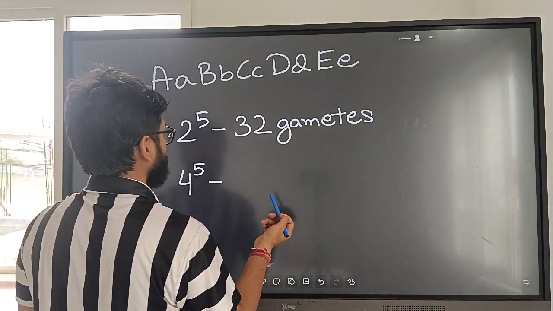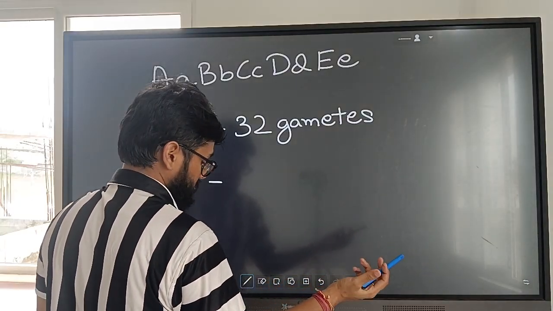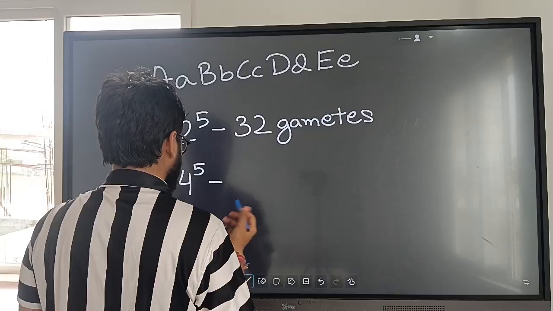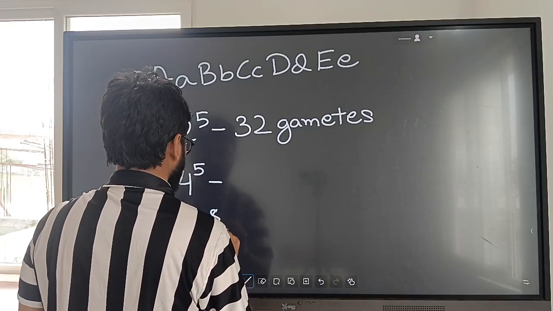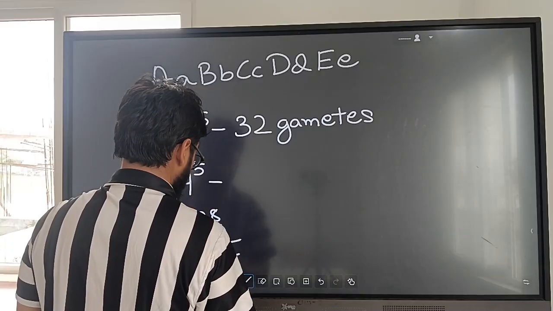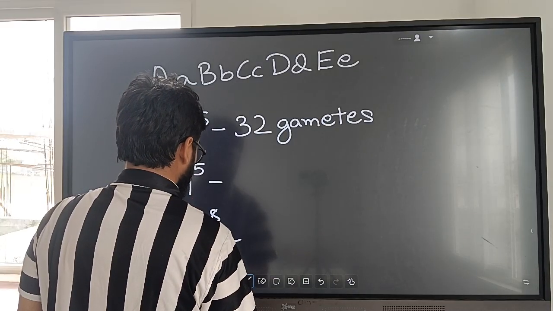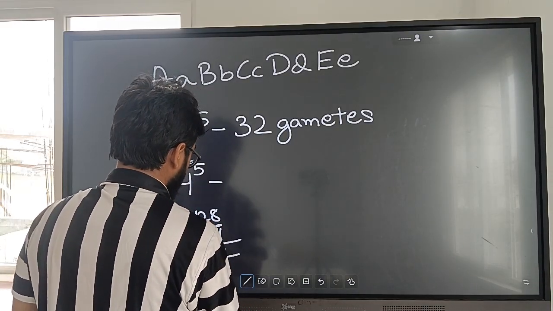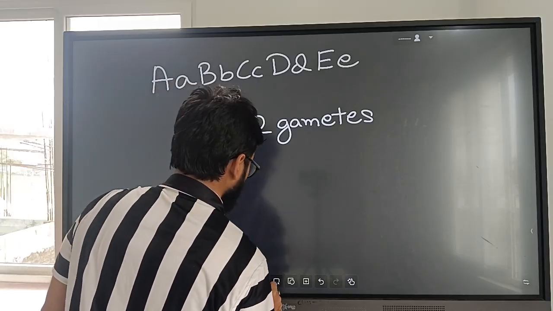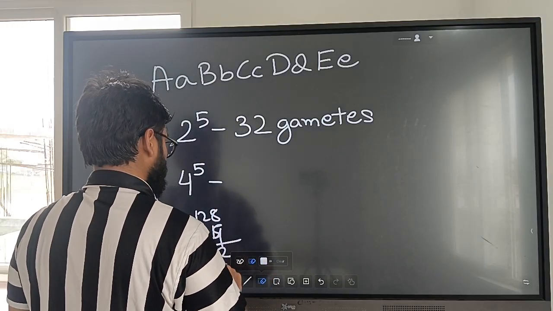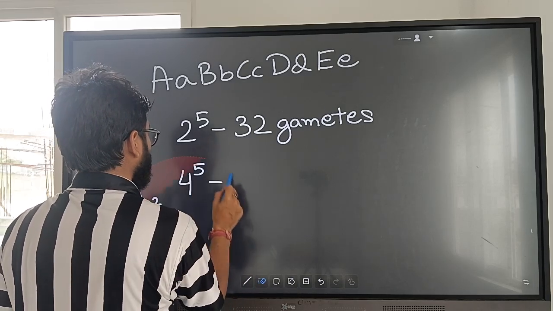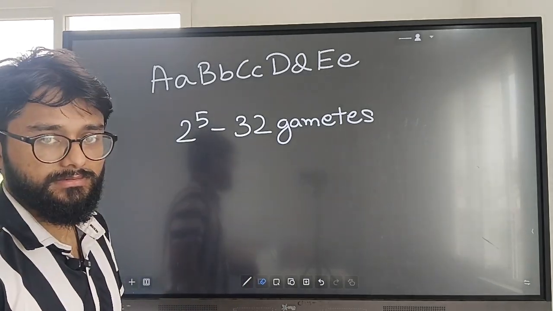That is 4, 16, 64, 256, 1024... you will get about 512 types. Okay, you will get 512 types.